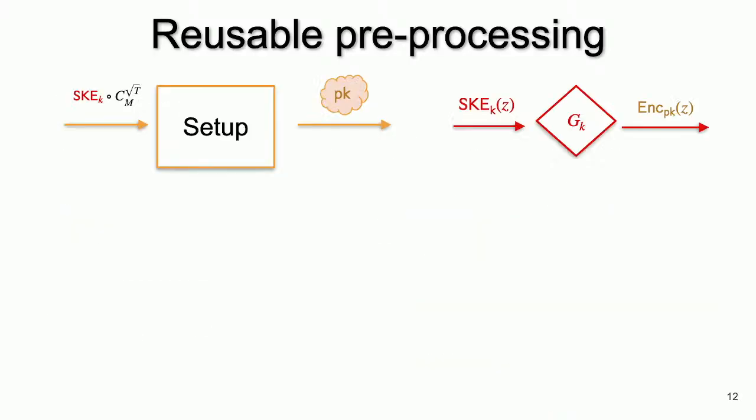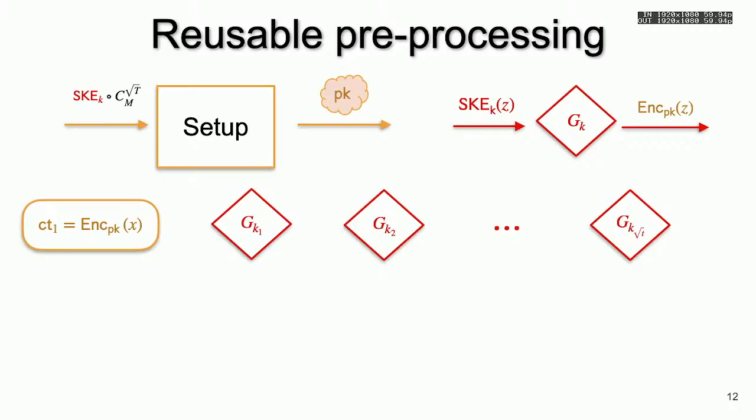So let me show you again what we want. You have some gadgets which go from symmetric encryption back to LFE encryption. The gadgets will be in red, and the LFE stuff is in orange. What we start with is a ciphertext under the LFE encryption, and you have square root t of these gadgets.